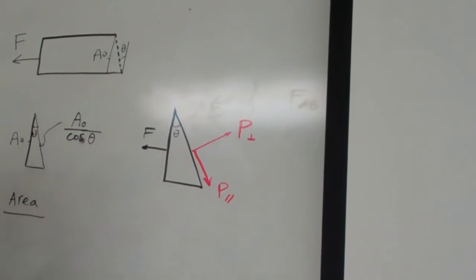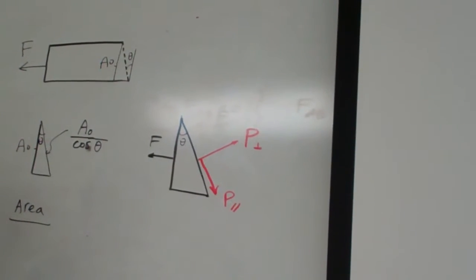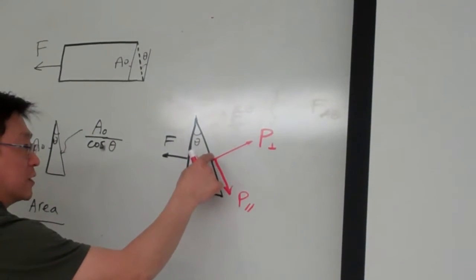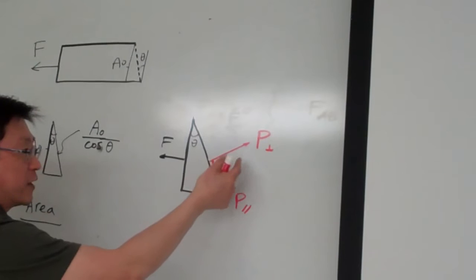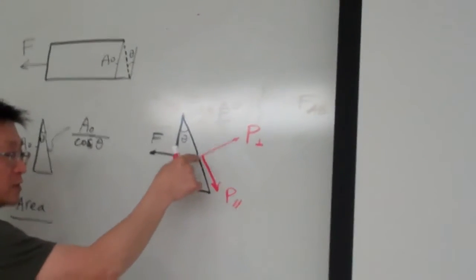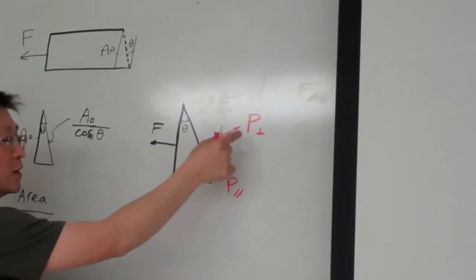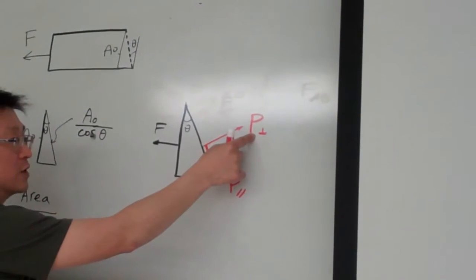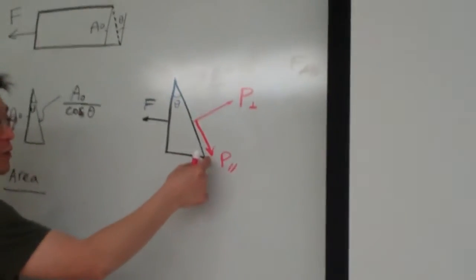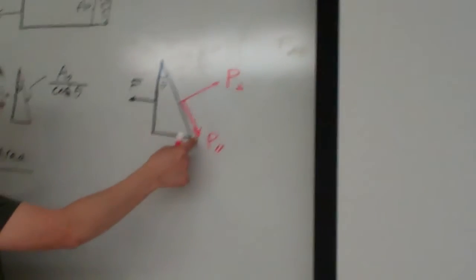So the two components: I project into one normal, one shearing, one parallel. In this way, this force component will induce normal stress, and this force component will induce shear stress.